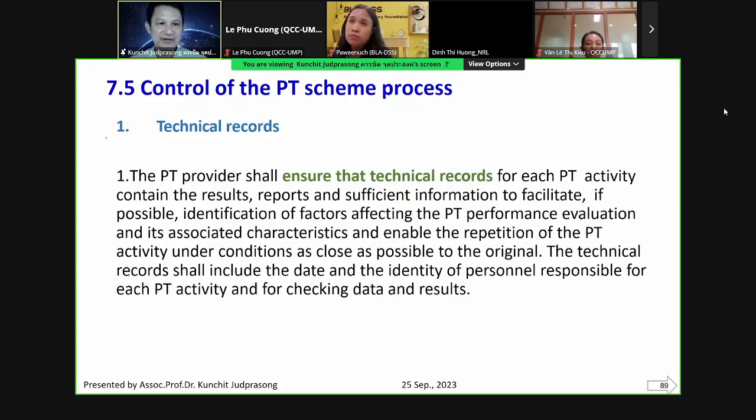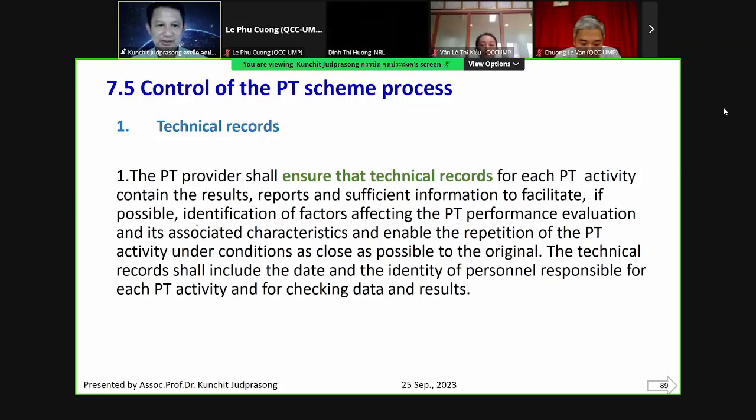Okay, 7.5.1 about the technical record. The PT provider shall ensure that technical record of each PT activity contain the result report, sufficient information to facilitate, if possible, identification of factors affecting the PT performance evaluation and its associated characteristics, and enable the repetition of the PT activity under the condition as close as possible to the original.